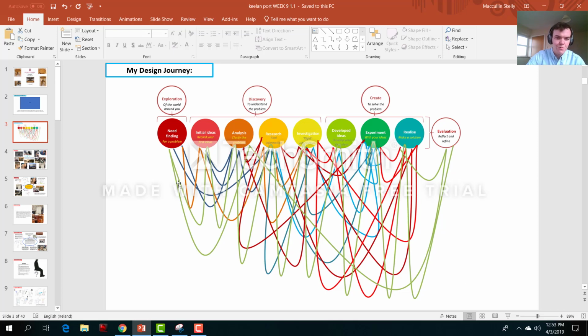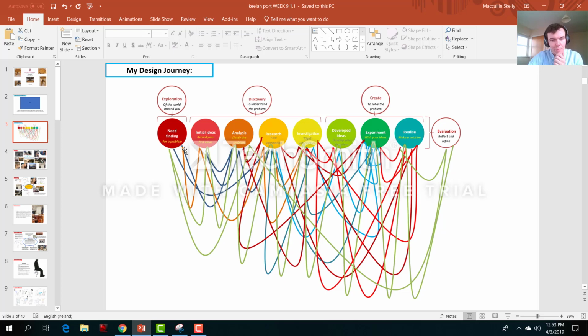So with this one, I think I started with the blue lines. I went from my need finding to research to investigation, or research to analysis to initial ideas to analysis. Then I went from analysis back to my need finding.